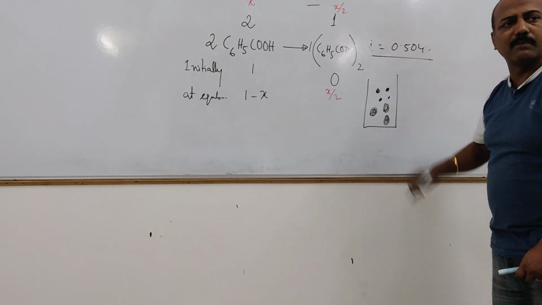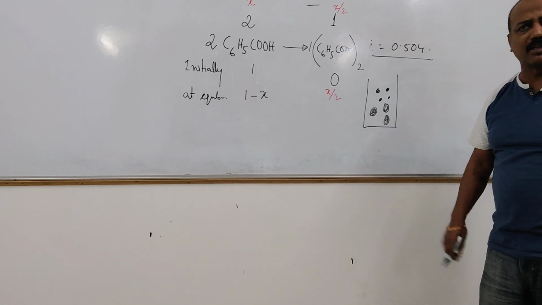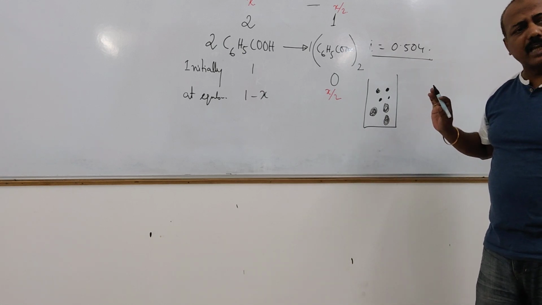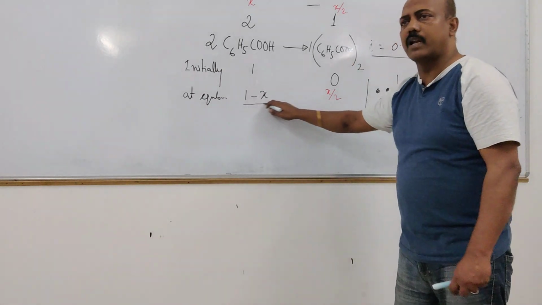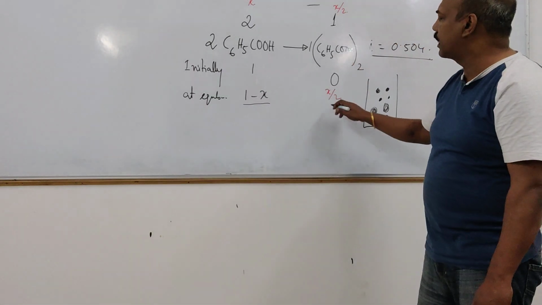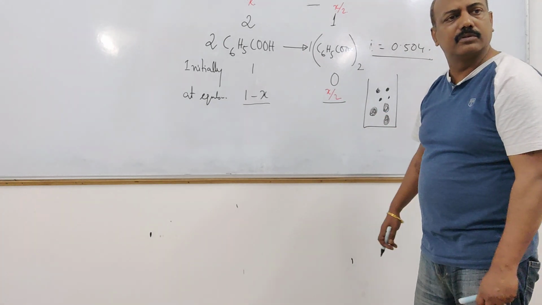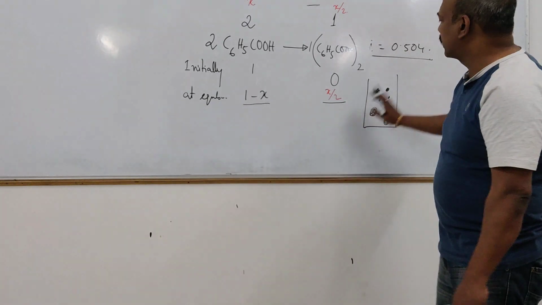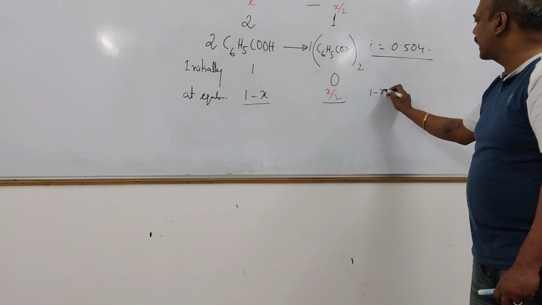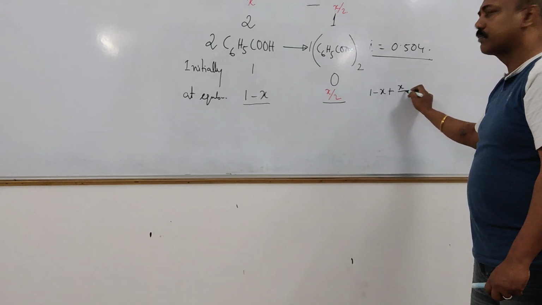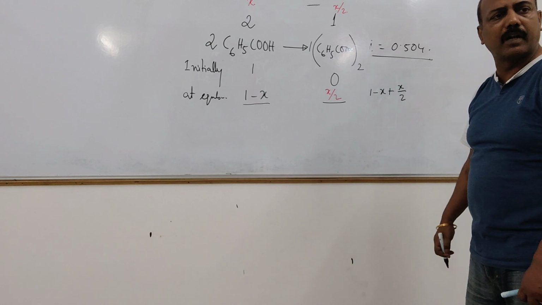How many C6H5COH do you have? 1 minus x. And how many dimers? x by 2. Did you understand that? So what is the total number of particles you have now? 1 minus x plus x by 2. That is the total number of particles.